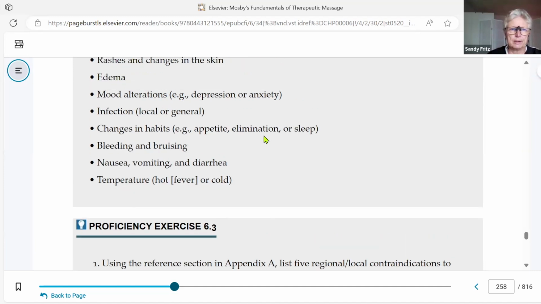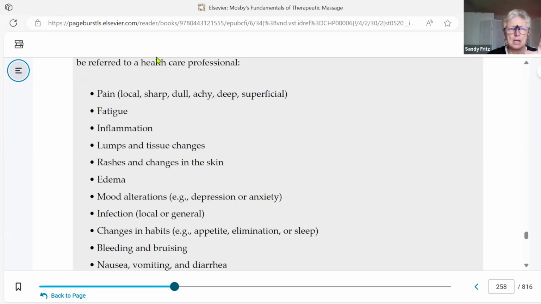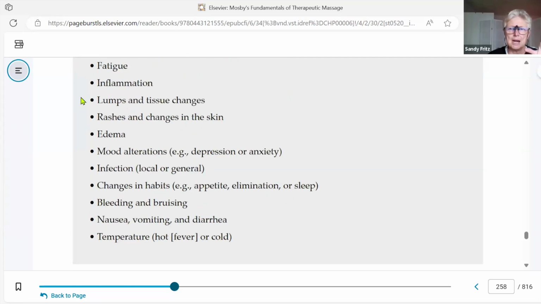So for example, if somebody has edema, but they're close to their menstrual period, they've eaten a lot of salt, that might be logical. But if that same thing shows up and you don't have a logical reason for it, it could be an indication of something else. And these indications here show up in a lot of different conditions.